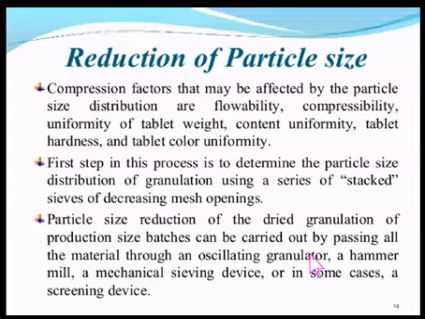So in order to modify the particle size distribution, which can be assessed or evaluated with the help of the sieve analysis method, we need to pass the dried granulation material through the oscillating granulator, a hammer mill, a mechanical device, or in some cases a screening device.